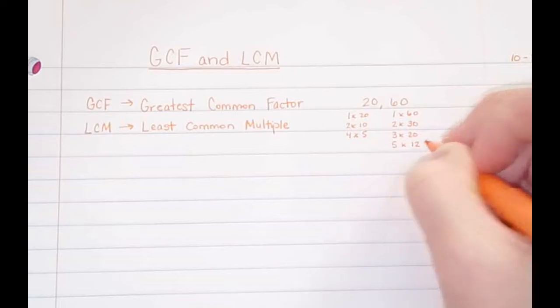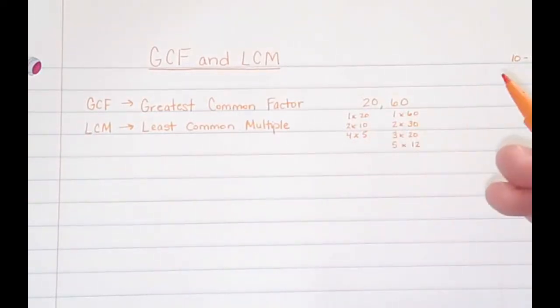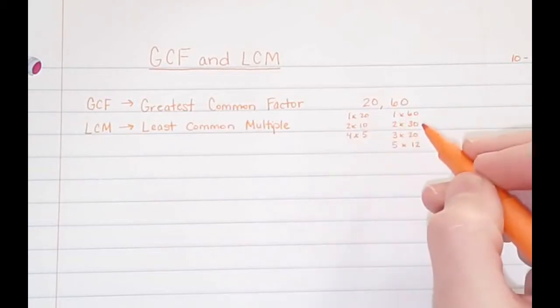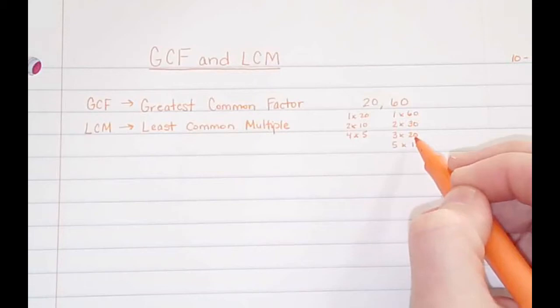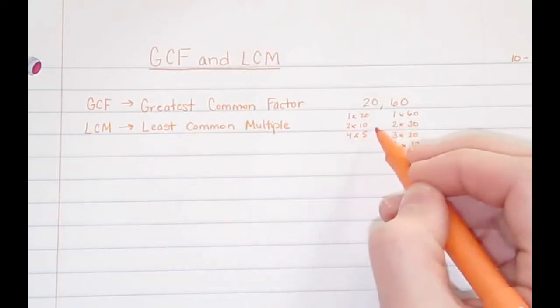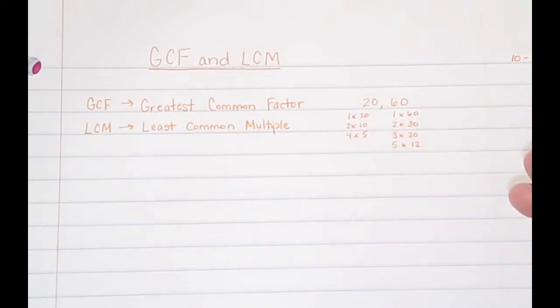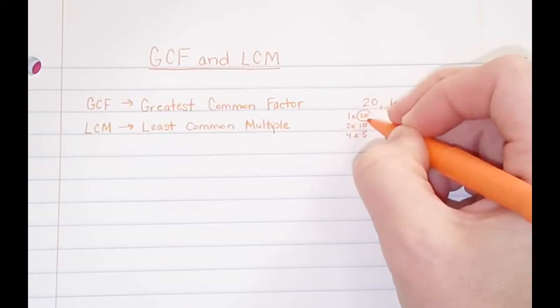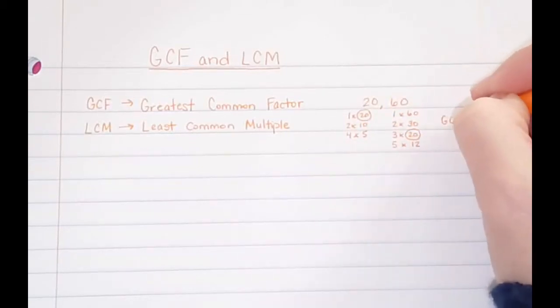What is the biggest number on both sides? They share 1, they share 20, they share 2. They don't share 10, they don't share 4. They share 5. So the biggest one they share is 20, and my GCF would equal 20.